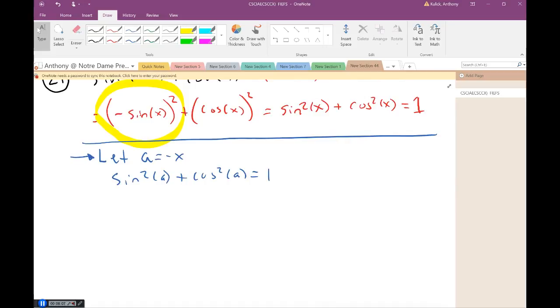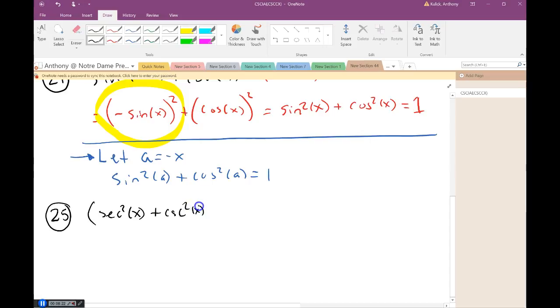So 23 we skipped to 25, and this one you probably looked at and went like, oh my god. But it's going to be okay. Yeah, I hear somebody over there being like an Eeyore.